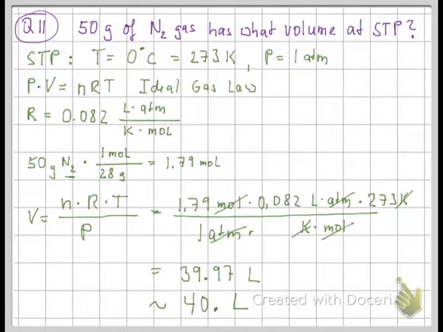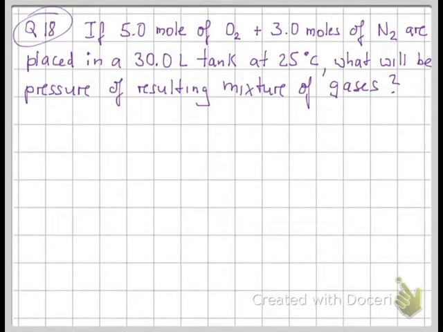Okay, 18. That's the one I actually wanted to talk about. This one is a little icky. It also deals with number of moles. We also have a volume, and we have a temperature.